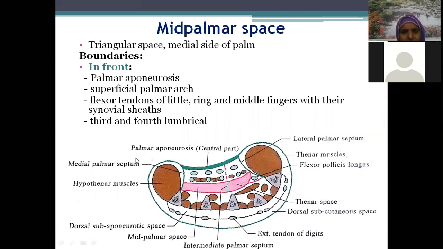Don't read any of these things, just see. This is a palm dissected in such a way that you find the thenar eminence and hypothenar eminence, then the structures one below the other. For example, this is thenar muscles, this is hypothenar muscles. That means this is lateral aspect, this is medial aspect.